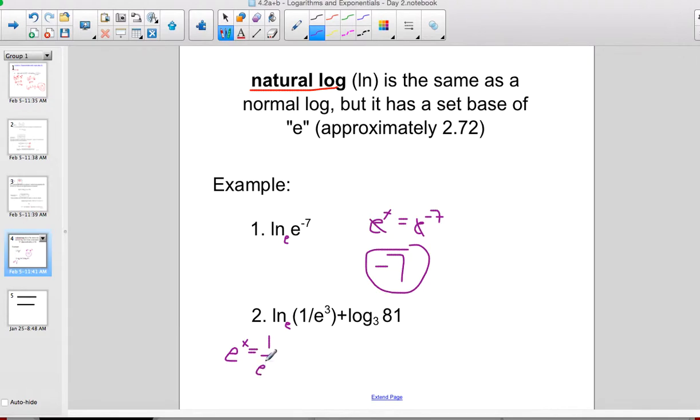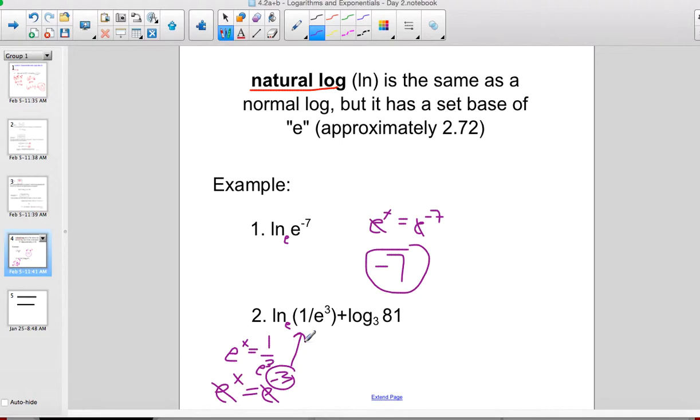We can do this part. Well, 1 over e to the third, right? 1 over x to the third is x to the negative 3, so 1 over e to the third is e to the negative 3. So you'll get, do it a little quicker here, e to the x equals e to the negative 3. These match. Again, it's just negative 3 for that side. You don't have to say x equals.